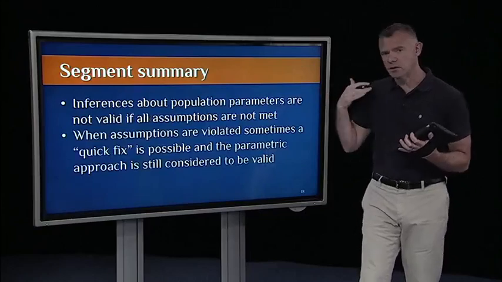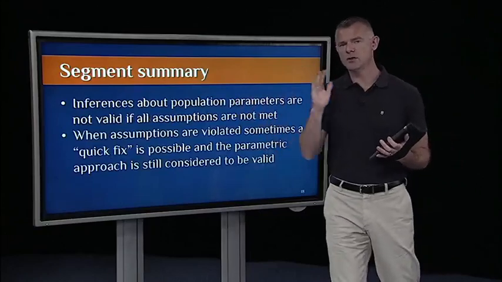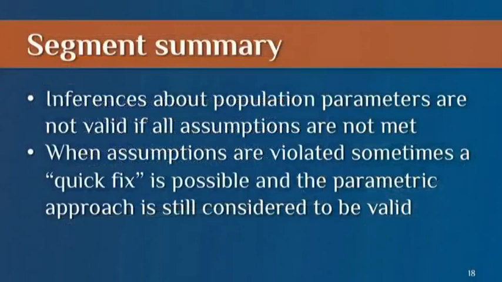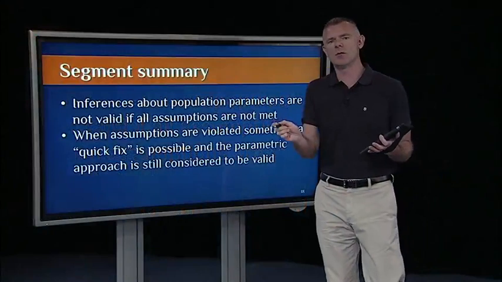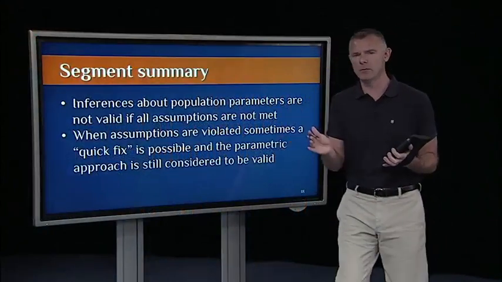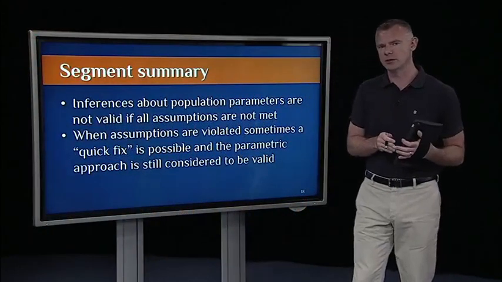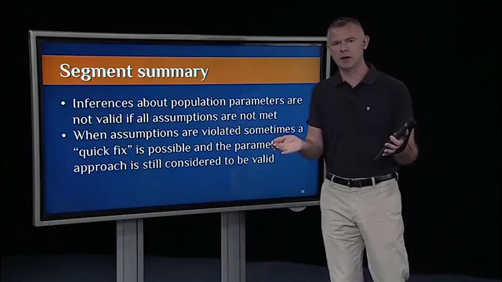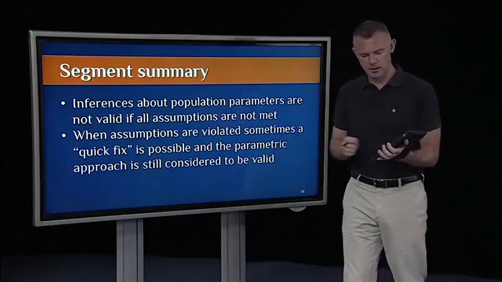Those inferences are only valid if all of our assumptions hold. We've tested all of our assumptions along the way. Sometimes a quick fix was possible, like in the case of the homogeneity of variance violation, or even sometimes when we didn't have a perfectly normal distribution in the outcome, right? We were able to do a quick transformation and then still do a linear regression, for example.